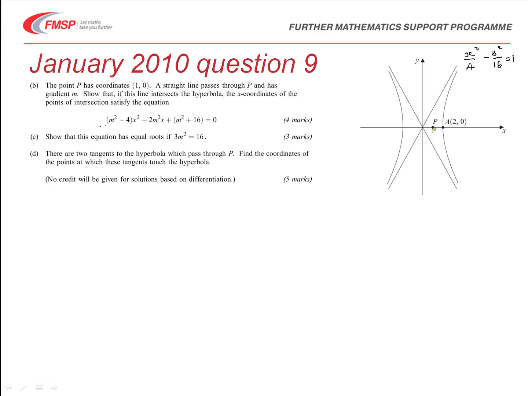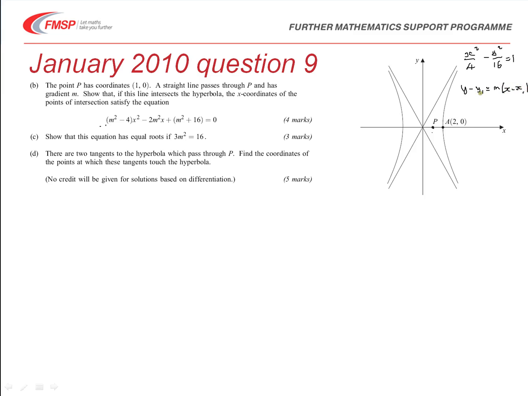Now the equation of our straight line passing through P, if you remember, one way of finding the equation of the straight line, if you know a single coordinate on it and you know its gradient, is to do y minus y1 equals m(x minus x1).